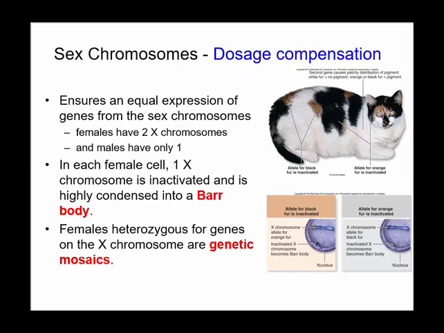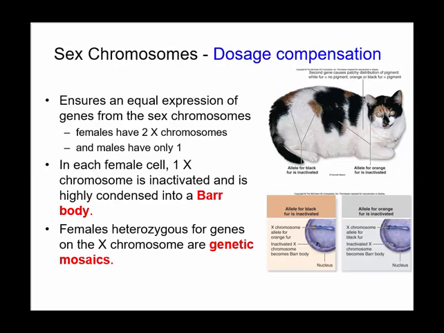And so there's something called dosage compensation that occurs in female mammals. And a great example of this are these calico cats. So what happens is one of the X chromosomes will become inactivated. And it forms this really dense, unexpressed structure called a bar body.